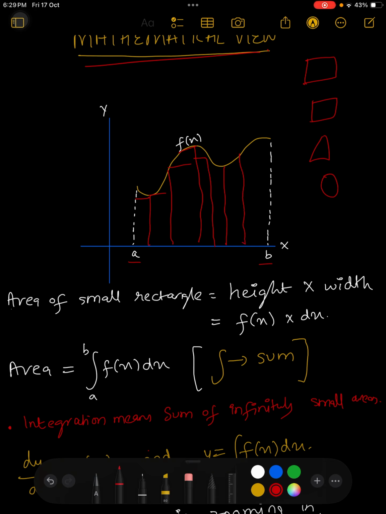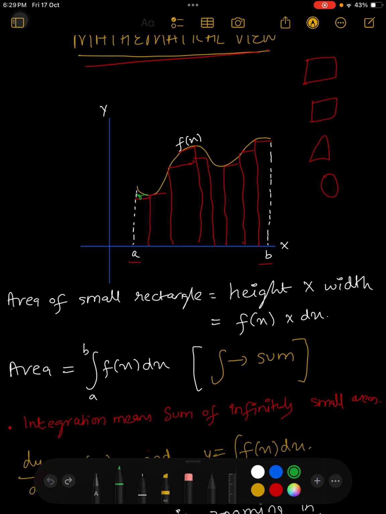We'll calculate the area of these rectangles, add up all the areas, and we'll get the area of this curve. But there is some error. Do you see here? These portions are left out, right?